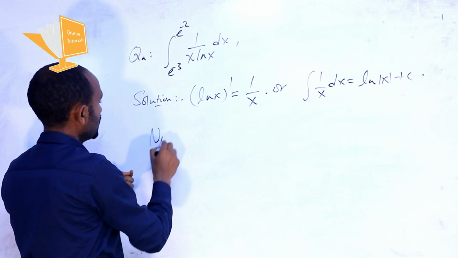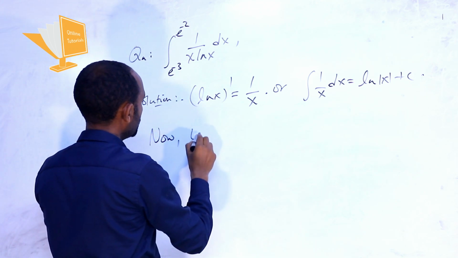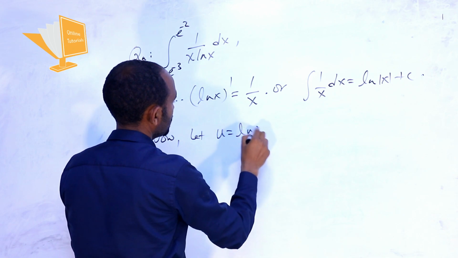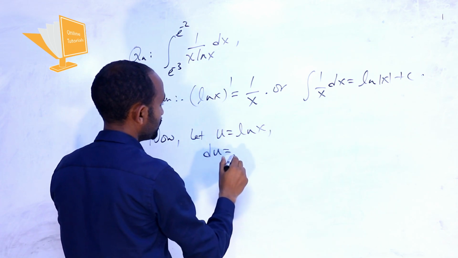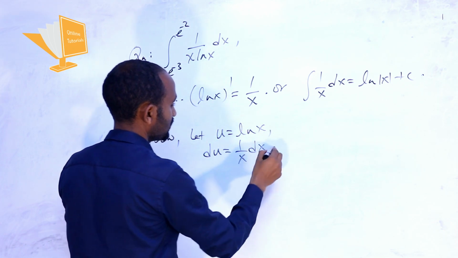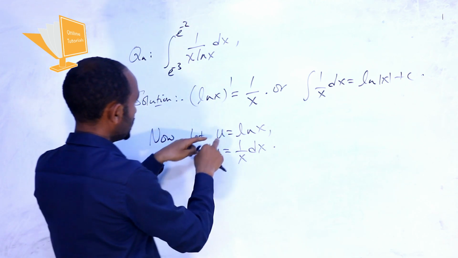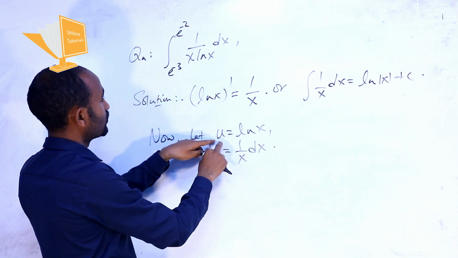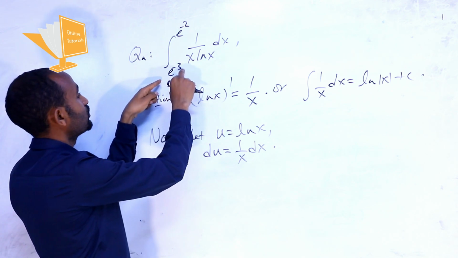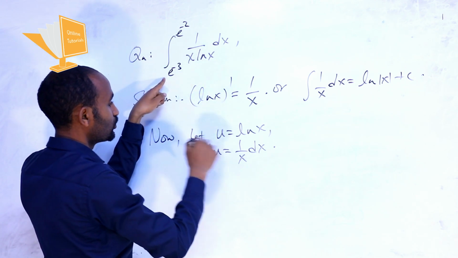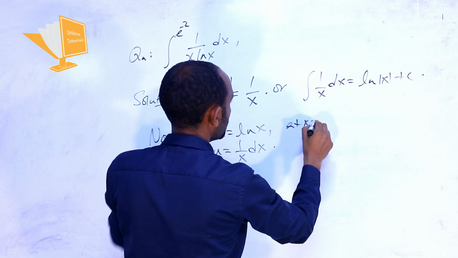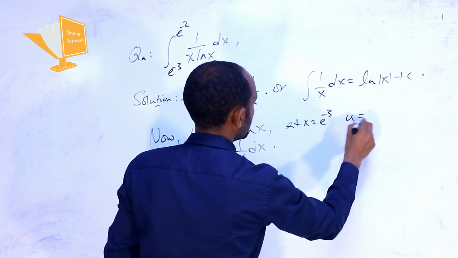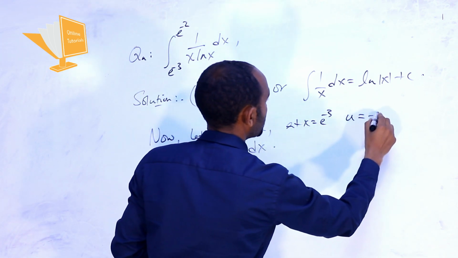So now, let's use substitution. Let u be ln x. So what is the derivative of u? 1 by x dx. Therefore, when we change the variable of integration from x to u, let's also change the limit of integration, e raised to minus 3 to e raised to minus 2, into u. So at x equal to e raised to minus 3, u is ln of e raised to minus 3, which is minus 3.